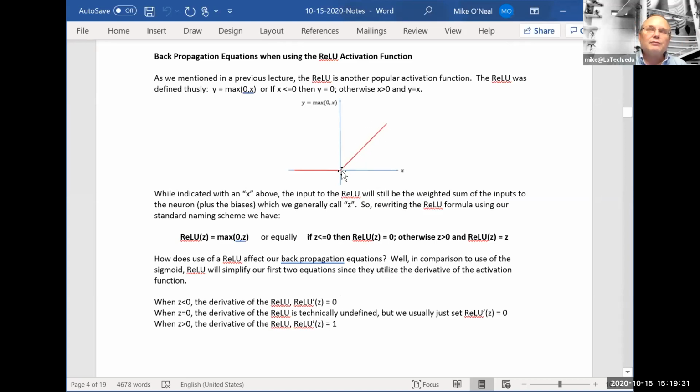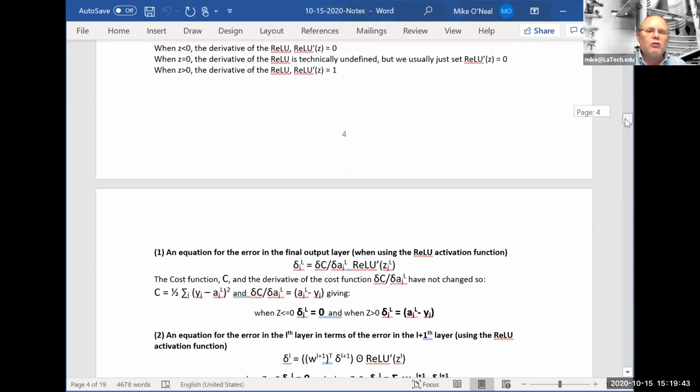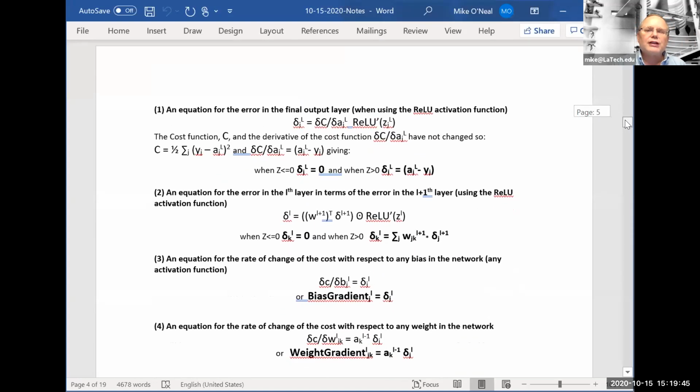And once you enter this range here, where Z, the weighted sum of our inputs plus biases, is greater than 0, well, the slope of this line is just 1, so the derivative is 1. So now what I do is I go back to the original equations that I just had, only instead of the derivative of the sigmoid, we have the derivative of our ReLU. Okay, so what does that do for us?